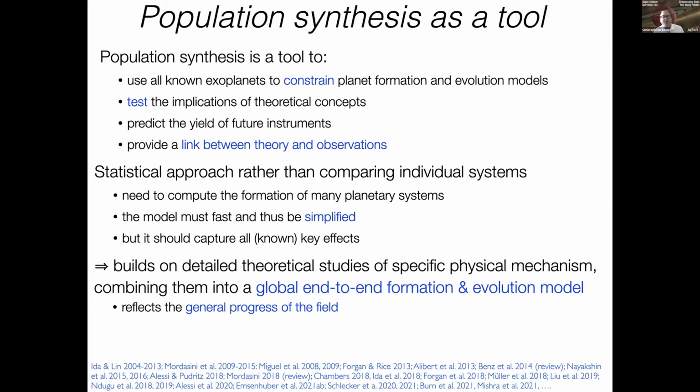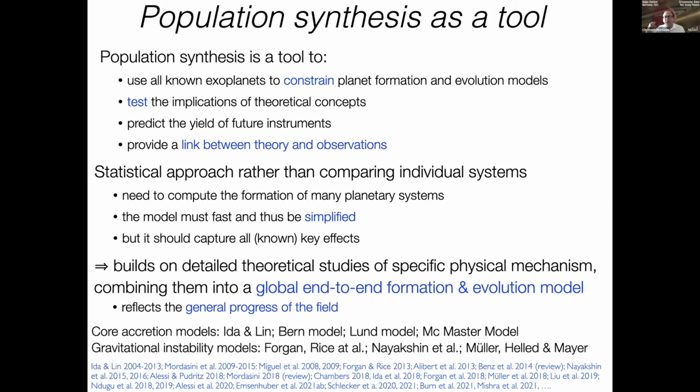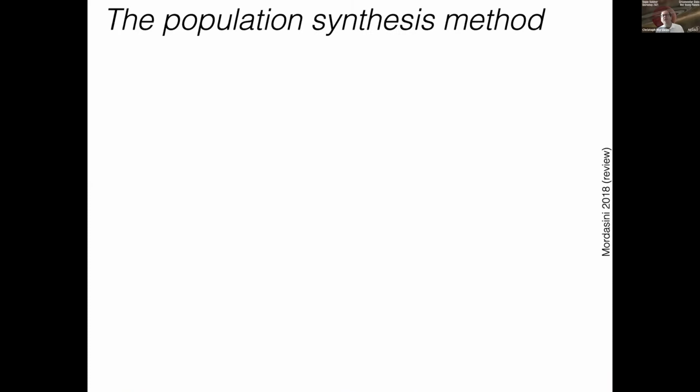So in this sense, because it builds on all these detailed studies, these models also reflect the general progress of the field, and it means that they also change as a function of time. And there are different population synthesis models nowadays, and I put here a number of them, both for the core accretion model, but also for gravitational instability. What is common to all of these models is basically this workflow here.